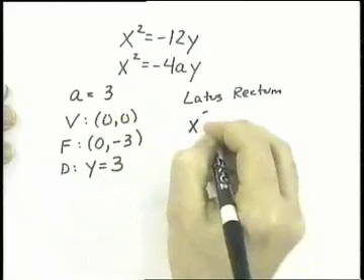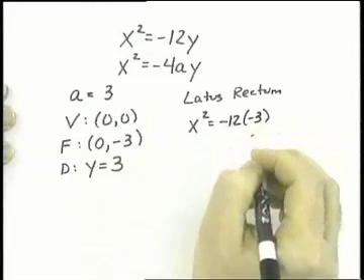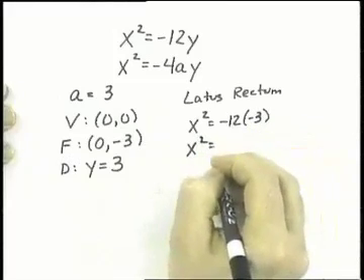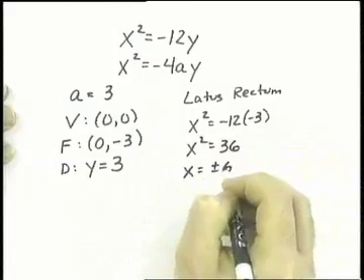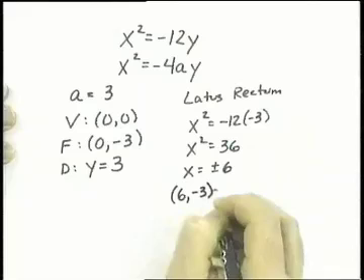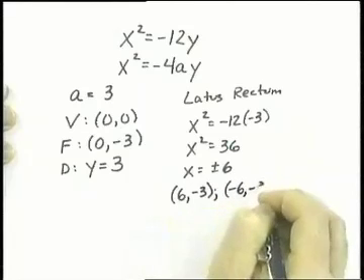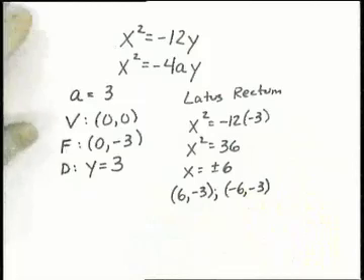So we get x squared equals negative 12 times negative 3, so that x squared equals 36, x equals plus or minus 6. So the points are 6 comma negative 3 and negative 6 comma negative 3. Remember, these points are going to help me to identify the width of the opening of the graph.